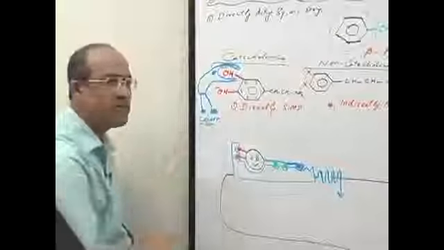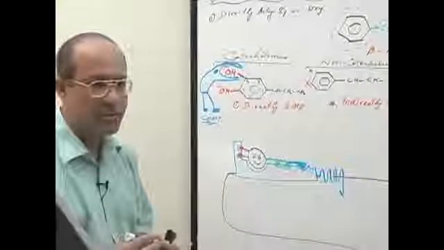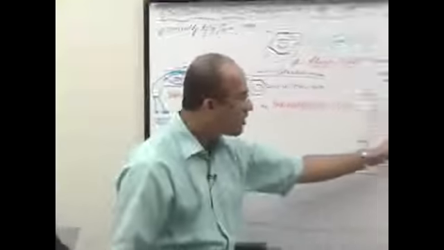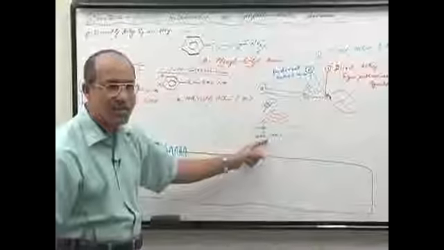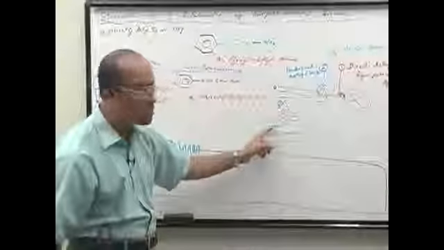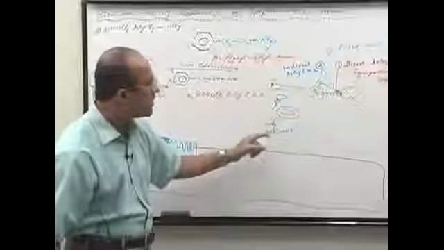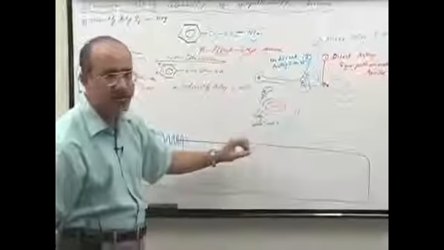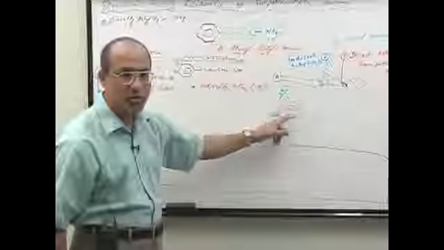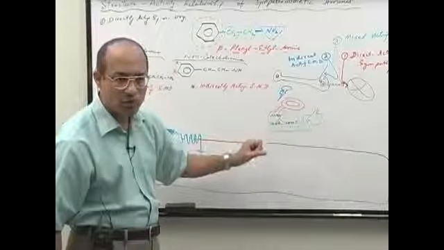Now, because this enzyme is abundantly present in our body, especially in GIT and liver, what happens when catecholamines are taken orally? Number one, because they are highly polar, they are not absorbed well, and whatever is absorbed will be destroyed by these enzymes. So do you think a significant amount of catecholamine will reach the systemic circulation through the oral route?